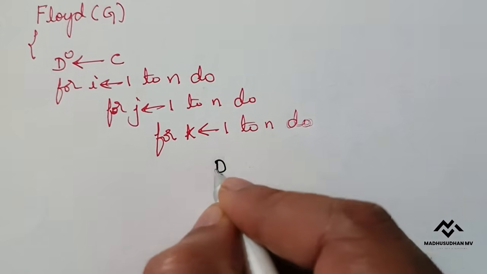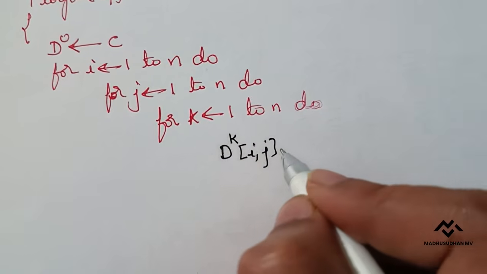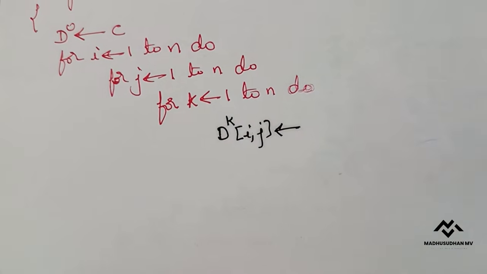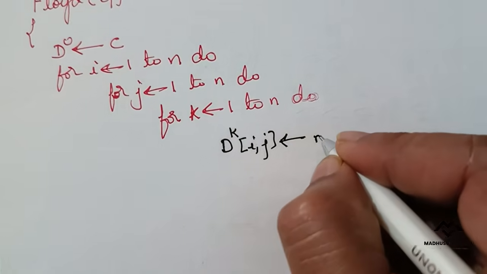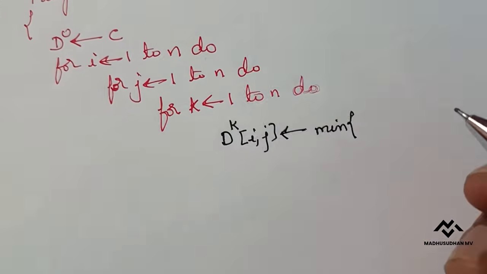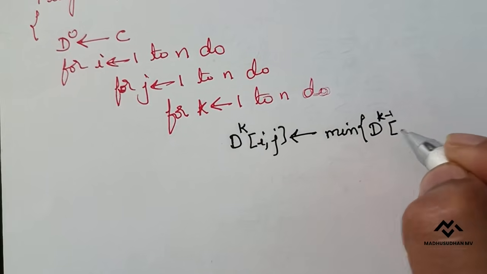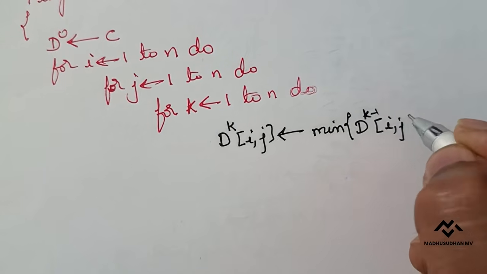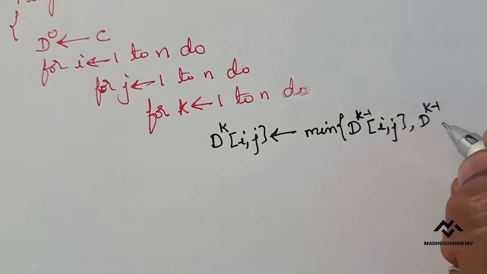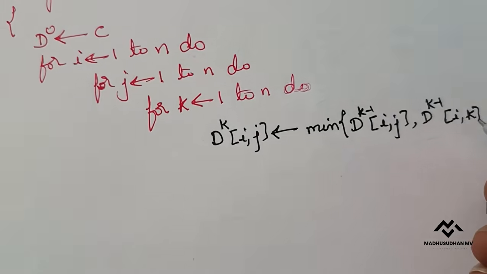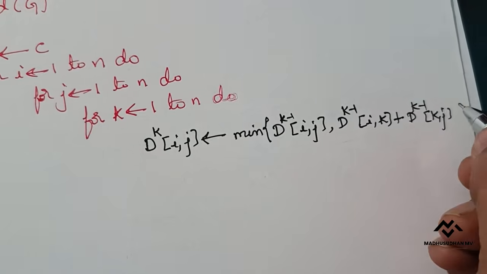So for the distance matrix, I am finding D to the power of k from i to j by using the previous one. That is the minimum of the direct path, from the previous D to the power of k minus 1 of i comma j, whether the edge is minimum or the path, D to the power of k minus 1 of i comma k plus D to the power of k minus 1 of k comma j.